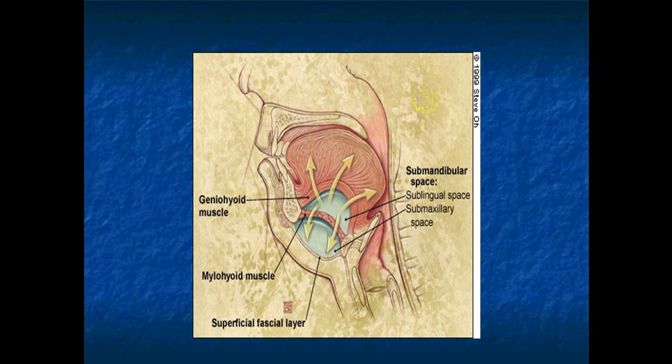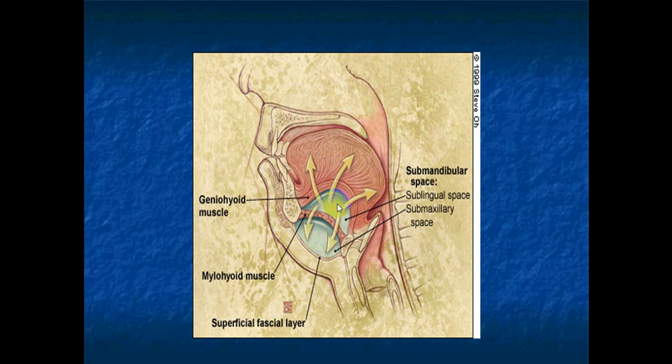Ludwig's angina is an infection of the submandibular space, which is a potential space found below the tongue. The submandibular space is divided into two spaces: the sublingual space, which lies above the mylohyoid muscle, and the submaxillary space, which lies below the mylohyoid muscle.